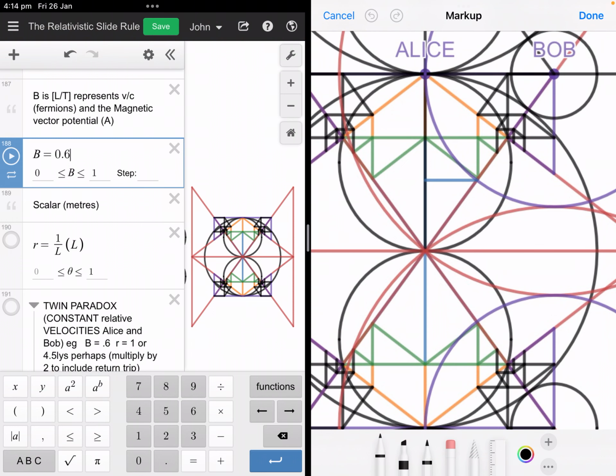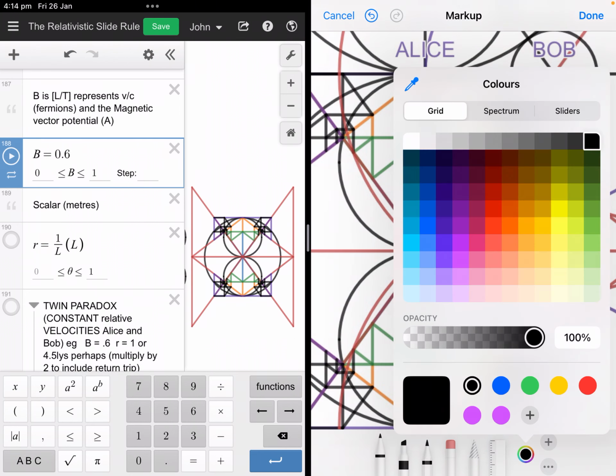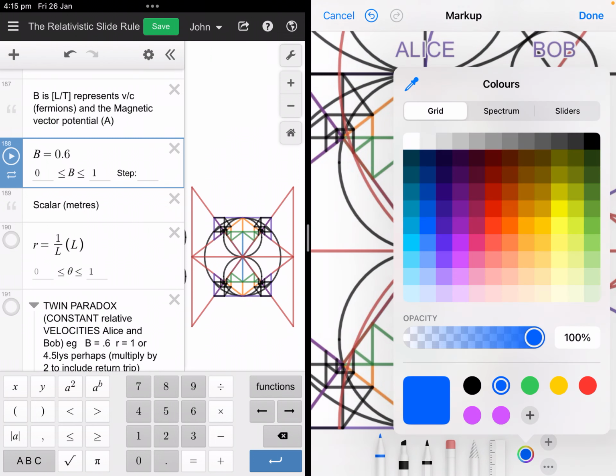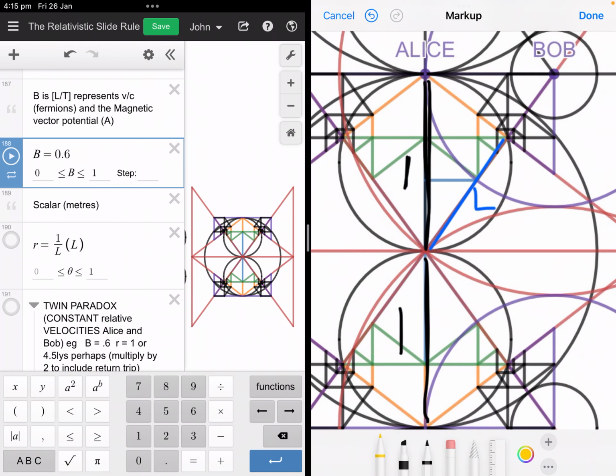Well, for a start, the constant is that length there, so that's 1. That's also 1. L is that length there, because that's the velocity there.